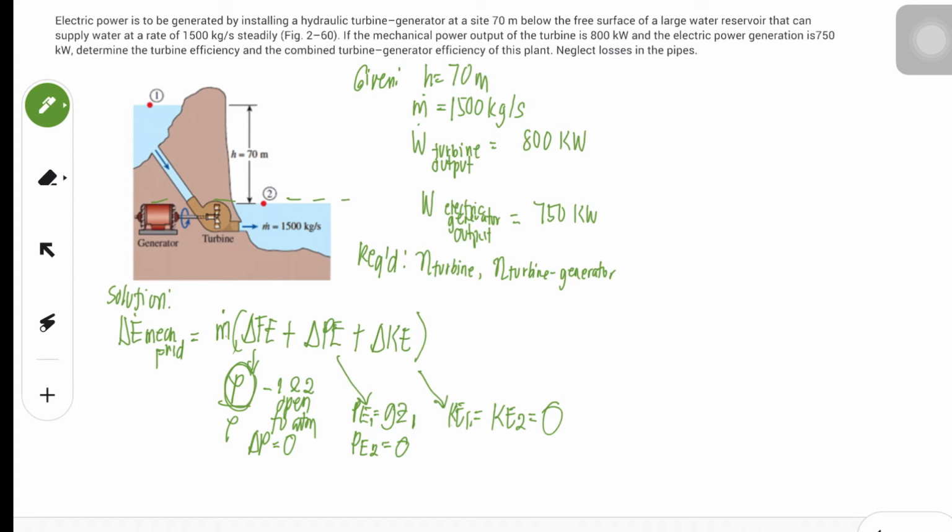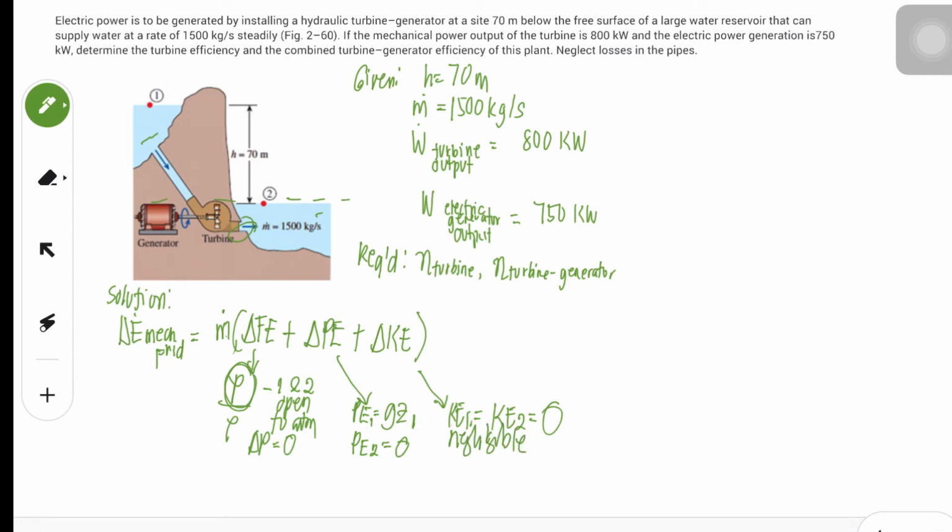Why? Because the water at point 1 is essentially motionless, there is no force here, so it automatically just goes down. Same for the kinetic energy of the water at the turbine exit. So this is the turbine exit, assume negligible.